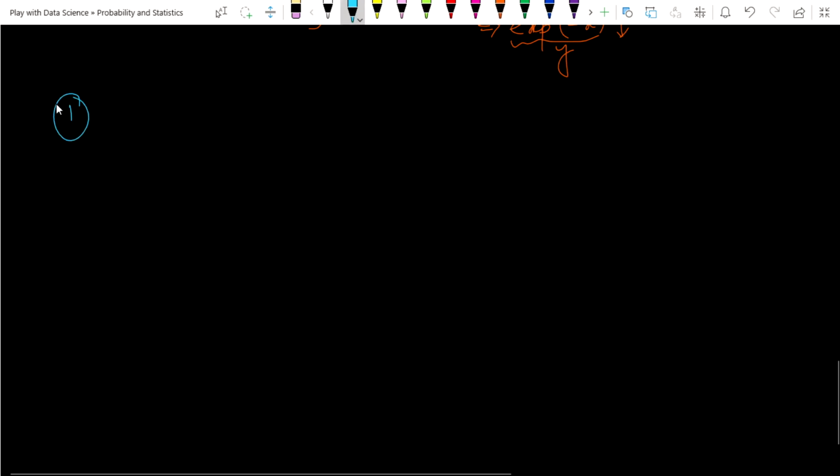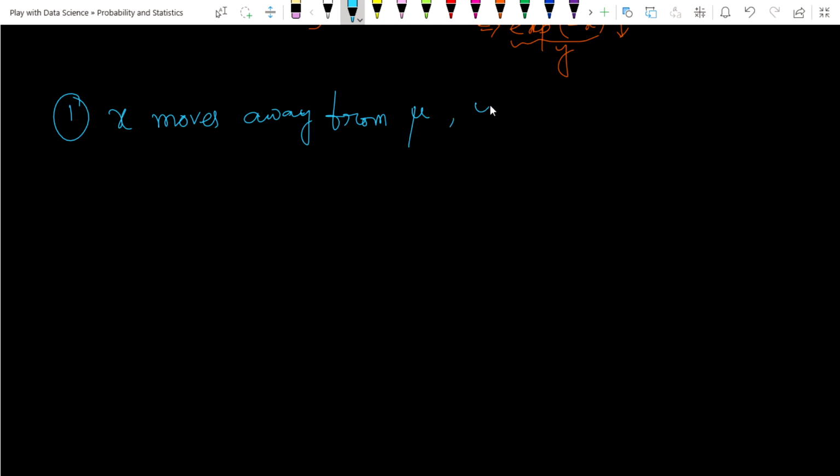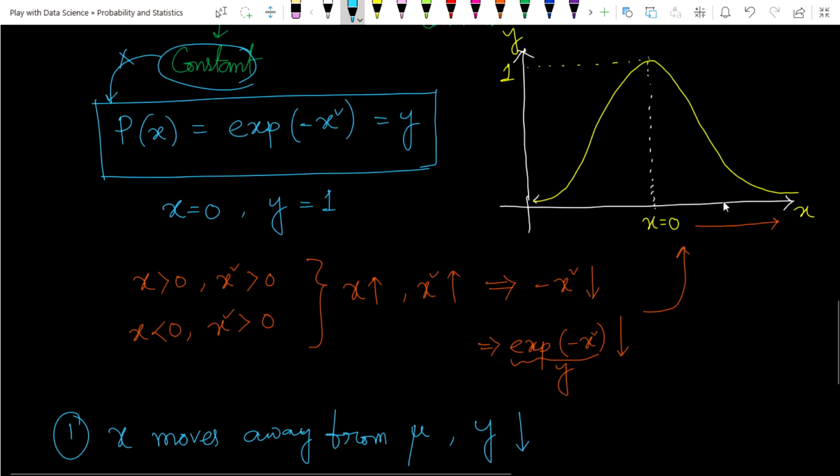First we see that if x moves away from mu, then the y value is reduced. That we have already seen.